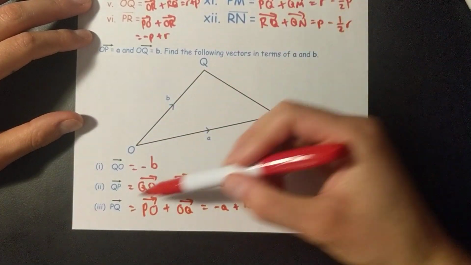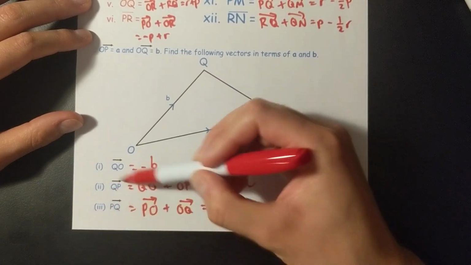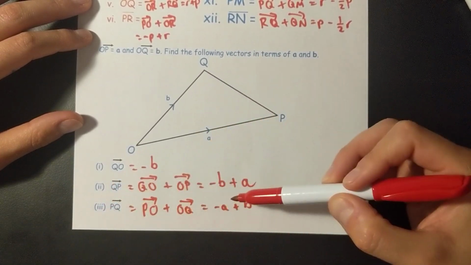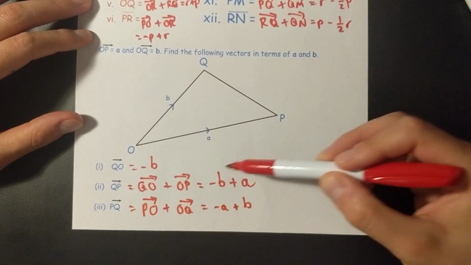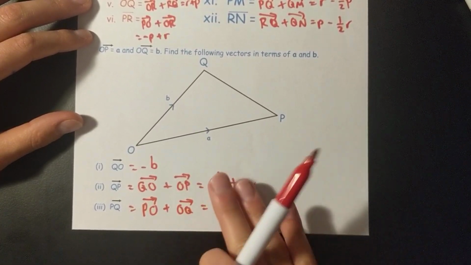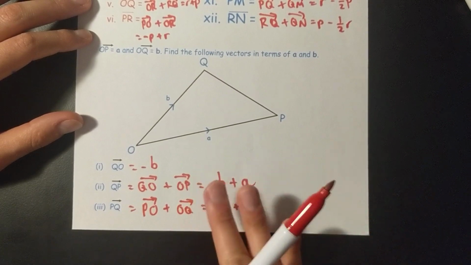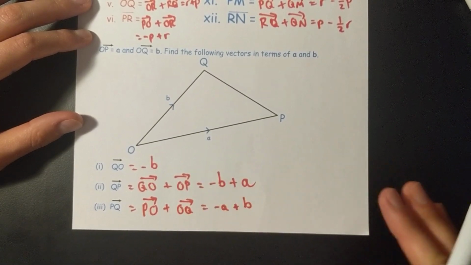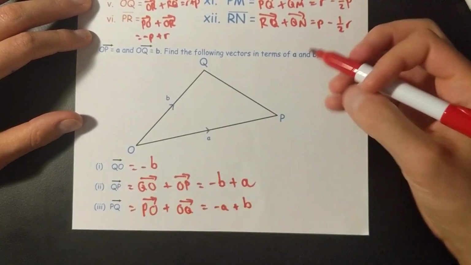One thing to note here: Q to P, P to Q, these are opposite directions of each other. These are the negative versions of them. Negative of this is this, negative of this is this. And again, remember, it doesn't matter the order that I draw these in. Okay? We could go off-piste.